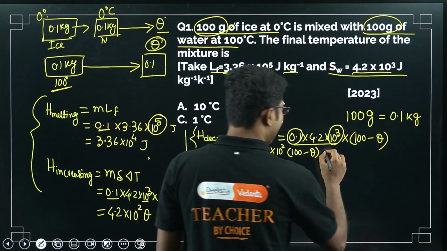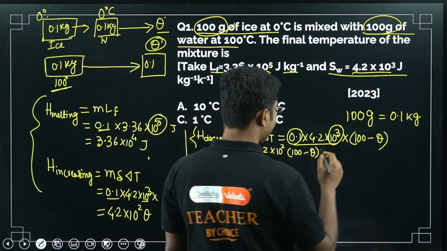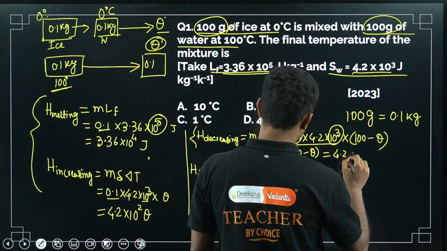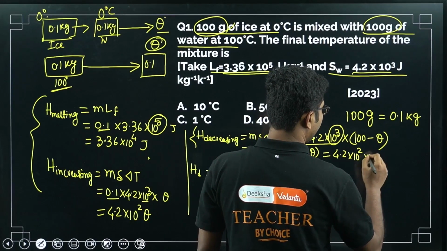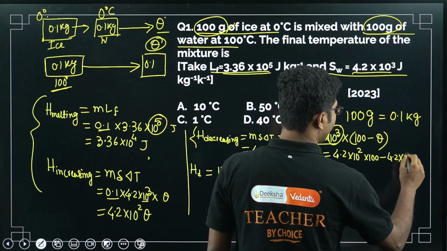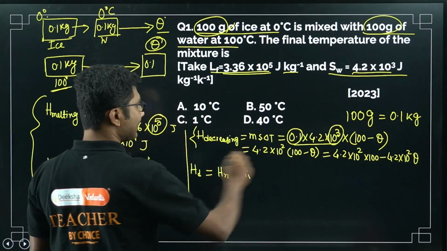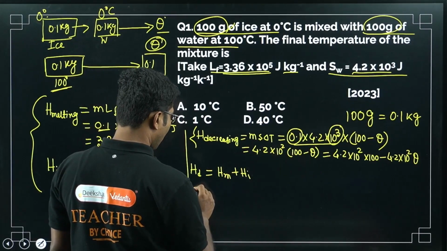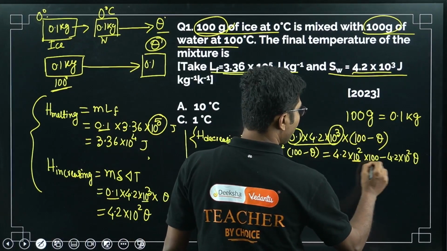Now if I break this bracket so that it will be helpful for us to calculate, 4.2 times 10 to the power of 2 times 100 minus 4.2 times 10 to the power of 2 times theta. Okay, so let me write this again, 4.2 times 10 to the power of 2 times 100.